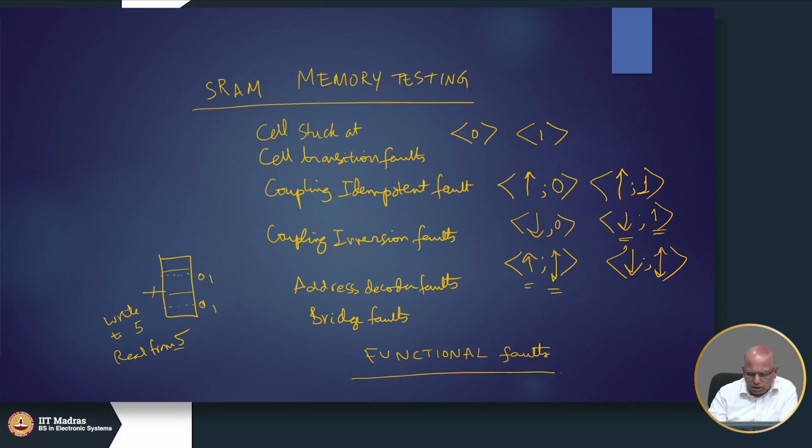Now how do I test for any of these faults? Suppose I tell you that when I try to write to 5, make sure that there is no address decoder fault. Then the only way I can do it is I have to fill the memory with zeros and then write 1 to location 5.